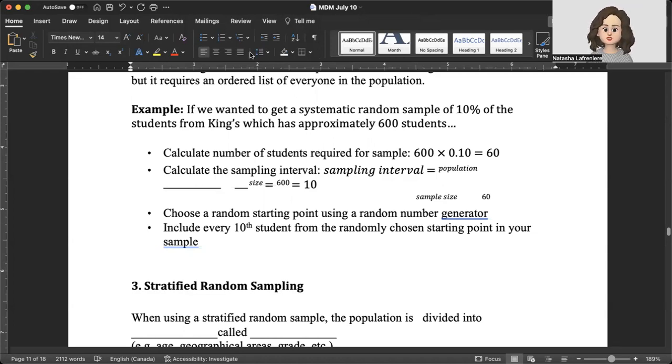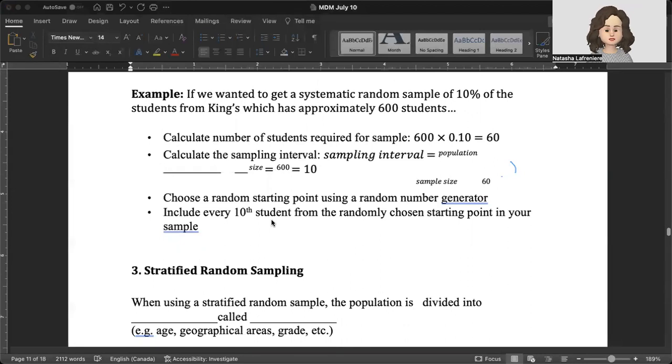Okay, let's see if this is going to work. No. Okay. So population size over sample size is what you're supposed to be writing here. It's got the words, it's just all mumbo jumbo together right now. Okay.